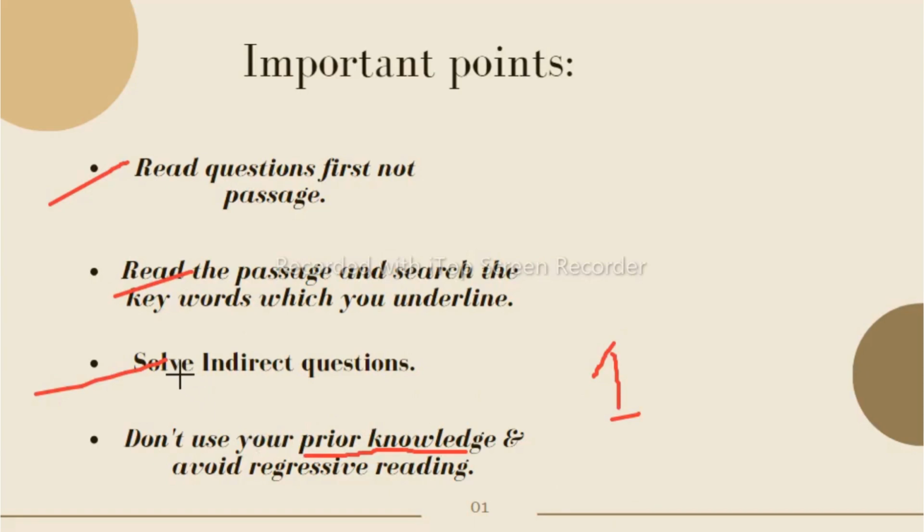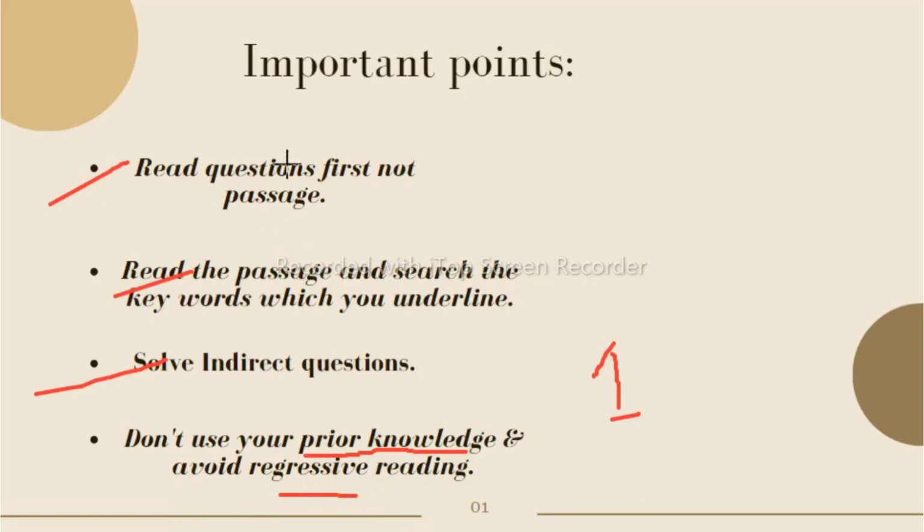The indirect question will be about the theme and purpose of the passage, that only they will ask, and sometimes they will ask you to give suggestions as well. That question you have to solve logically, and you have to avoid regressive reading. Here you have to avoid too much reading of the passage.